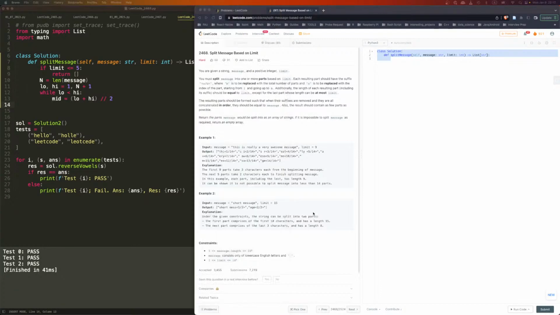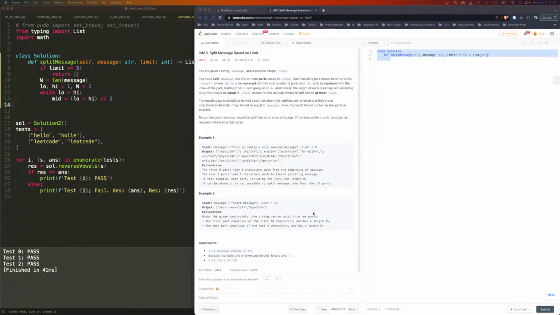Now, for mid, we have something to do depending on how many parts we do. So what's the maximum number of characters we can fit?